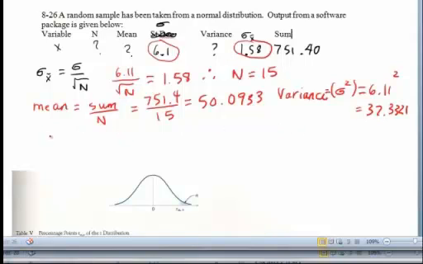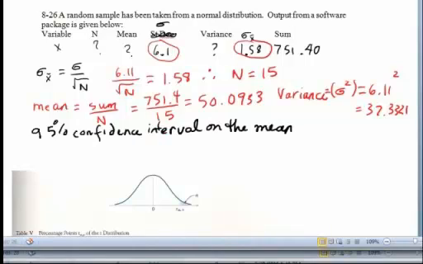Now, let's say that we wanted to find the 95% confidence interval on the mean. So we've got n is equal to 15. X bar is, well, we've got that right from up here, 50.0933. S is equal to 6.11.